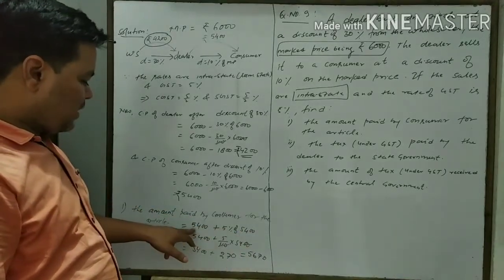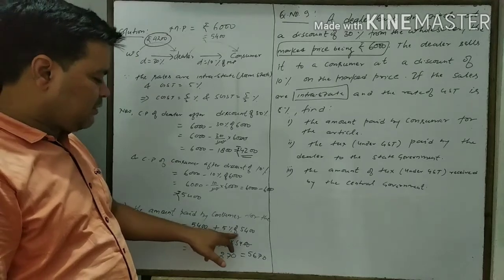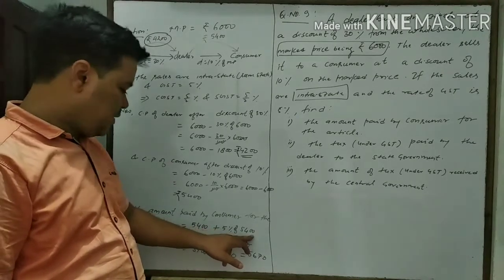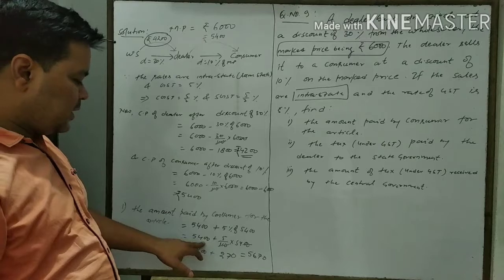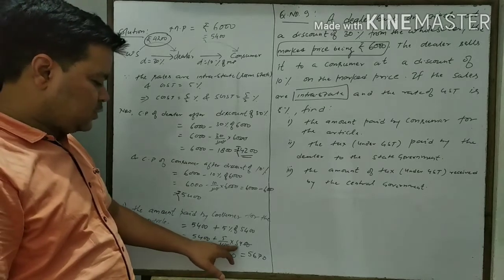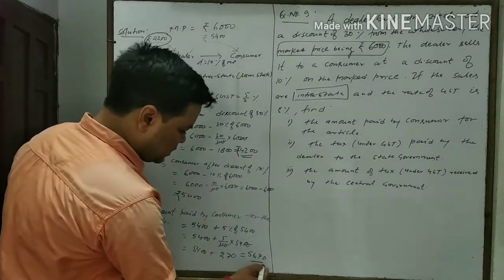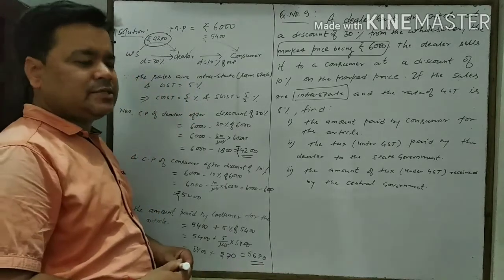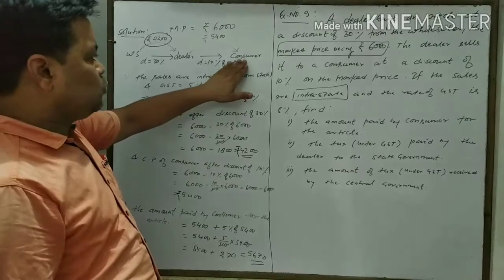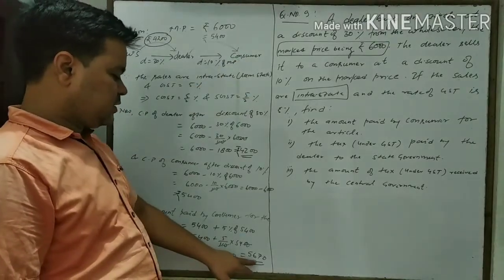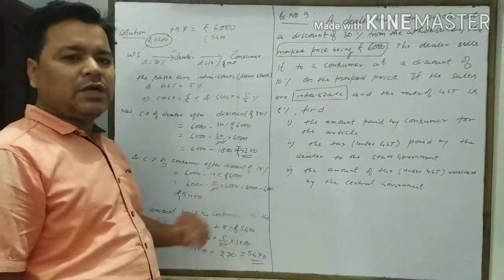Therefore, 5,400 plus 5% of 5,400, that is 5,400 plus 5 by 100 into 5,400. After calculating, we find that the value is 5,670 rupees. It means the consumer has to pay 5,670 rupees for the article.